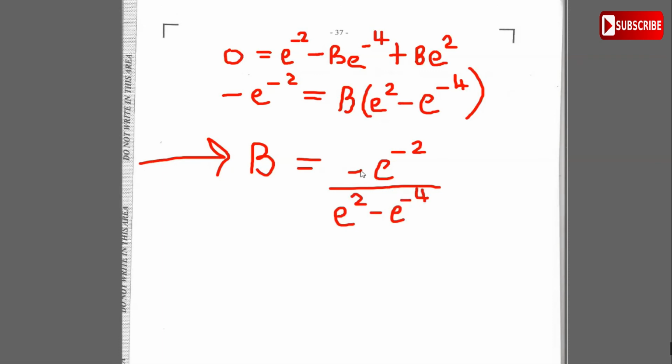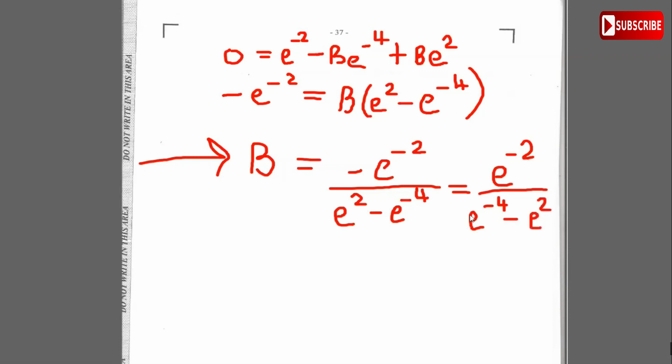Because I don't want the minus in the numerator, I'm going to put it in the denominator. So I'm going to rewrite it as e to the minus 2 over e to the minus 4 minus e squared. I just put the minus in the denominator.